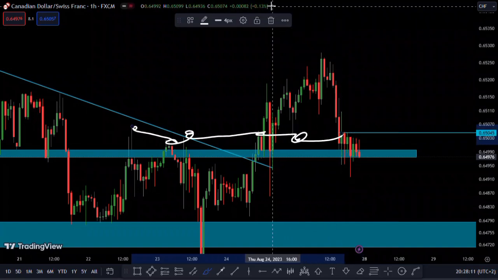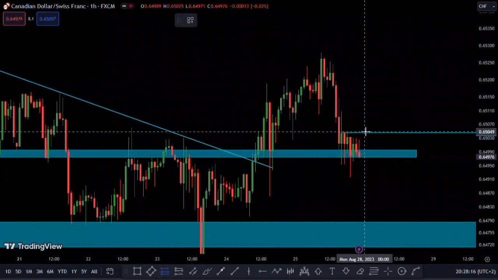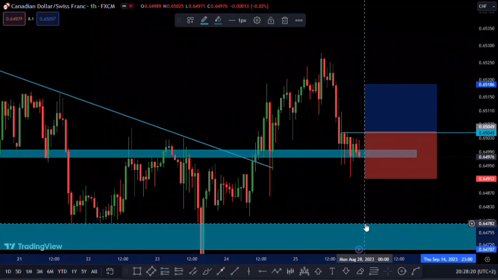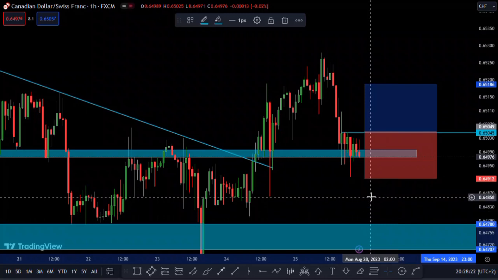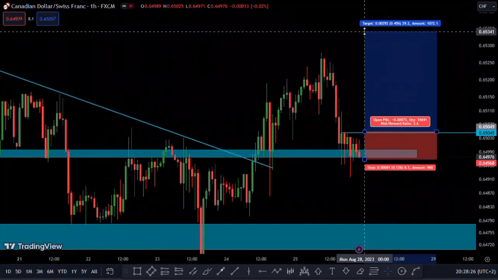This is the area where I would take my buying opportunities. Because currently, if you take buys, the market might drop up until this far to gain momentum and then continue with the buys.